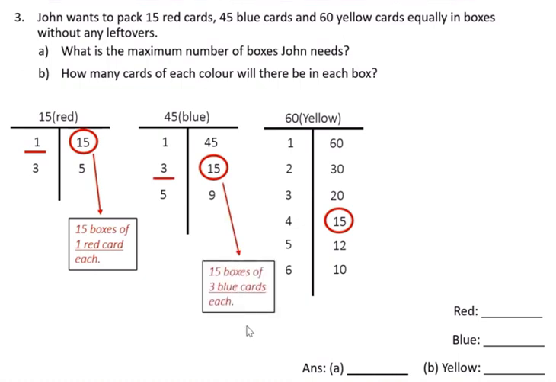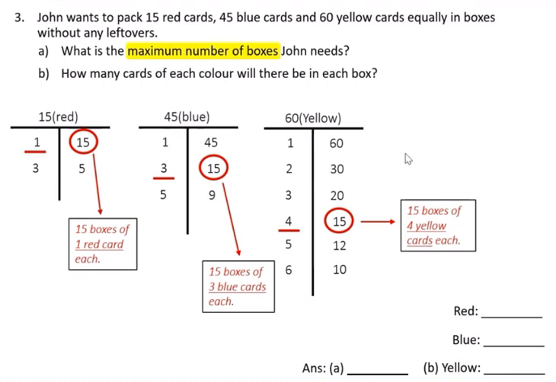Also 15 boxes, but with only 4 yellow cards each. Understand, children? The question is asking for the maximum number of boxes, and the highest common factor refers to the number of boxes: 15 boxes.